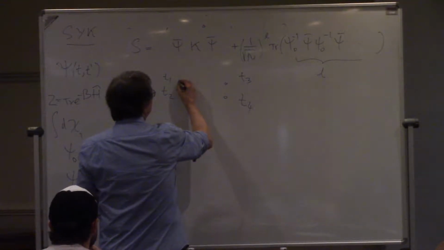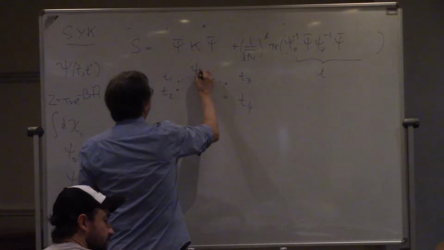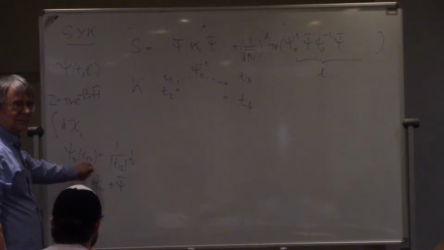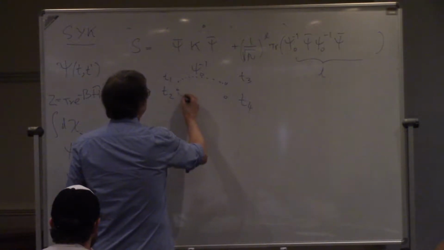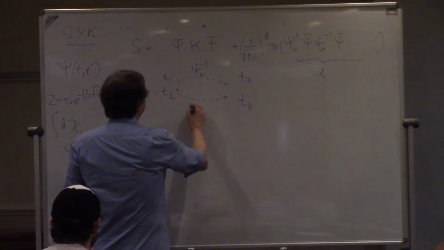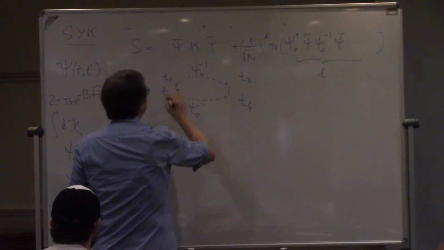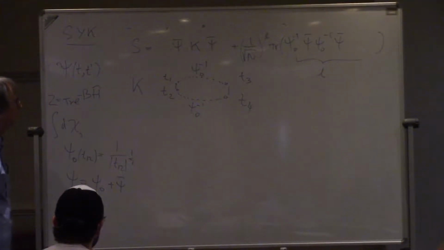To go from here to there, that's psi 0 minus 1, which will be the inverse of that matrix in the matrix sense. That is the word. And this is psi 0 minus 1. And here we just rescale psi, so there are 2 copies of psi.